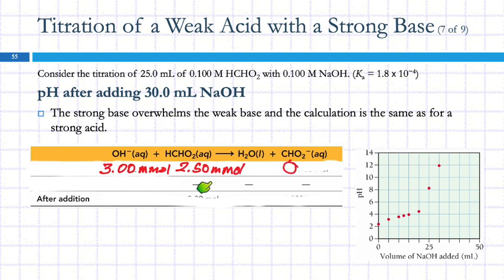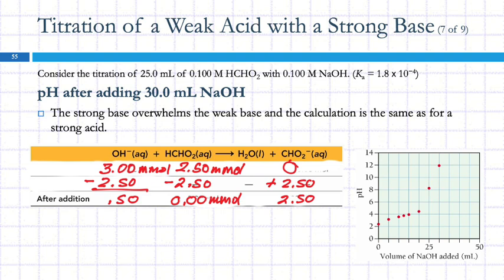Now we see that the acid is smaller than the base. That's going to be our limiting reactant. So we're going to end up with none of that. We're going to lose 2.50 of this. No, 3 minus 2.5 is not 1.5.